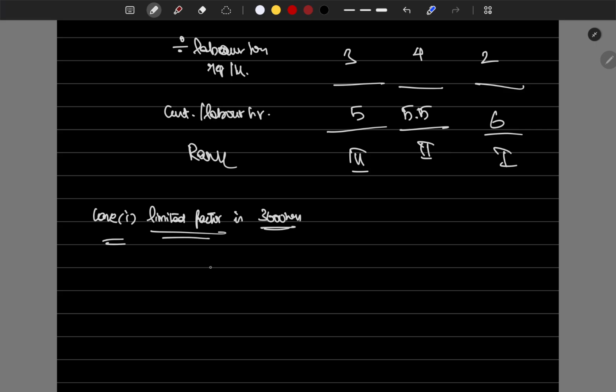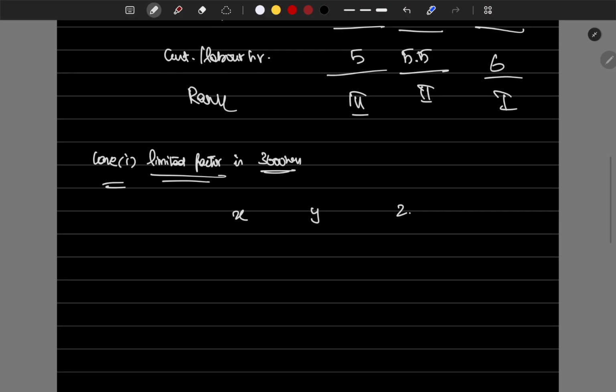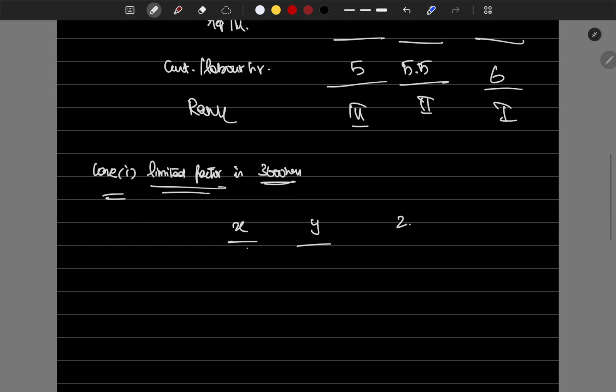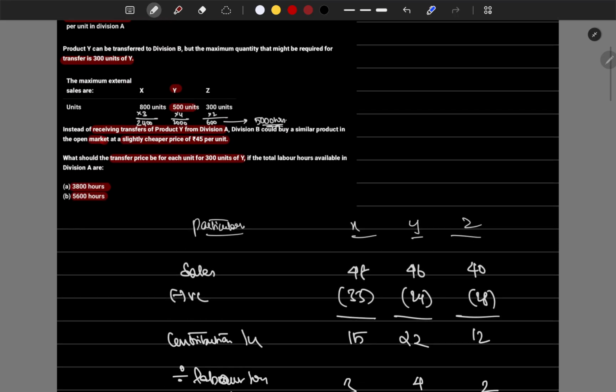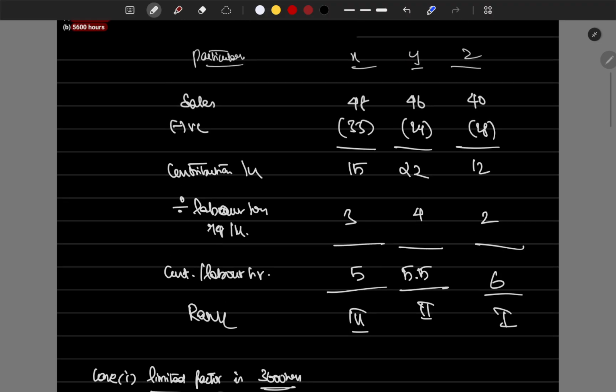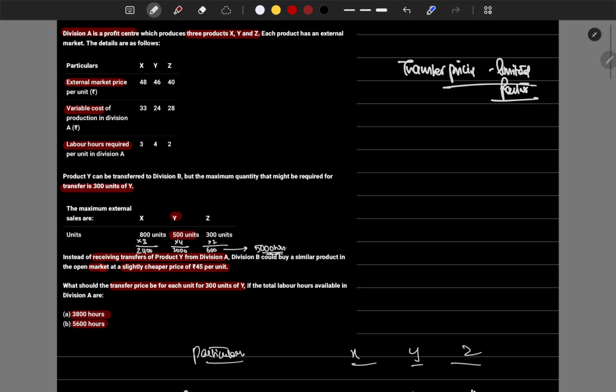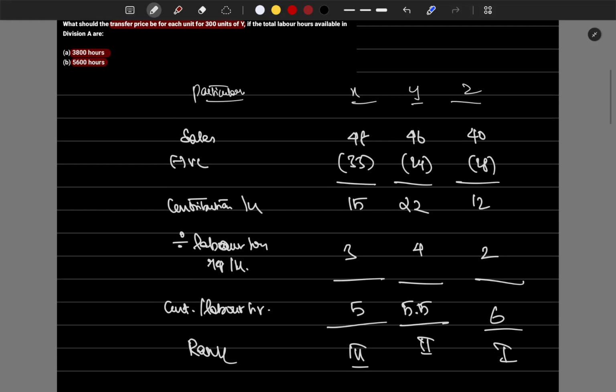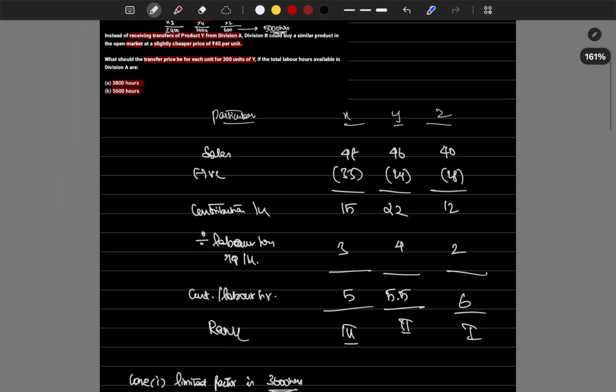X, Y, Z: what's the external sale demand, which is 800, 500, 300, into the hours required for each, which we have already calculated, 3, 4, 2.